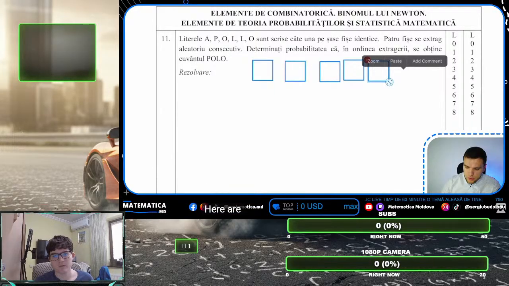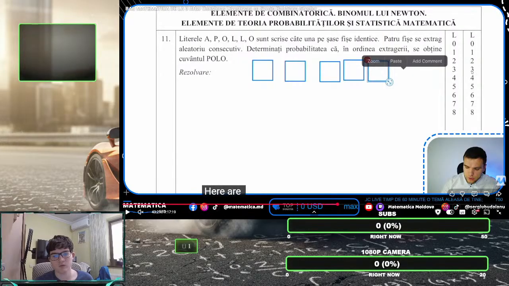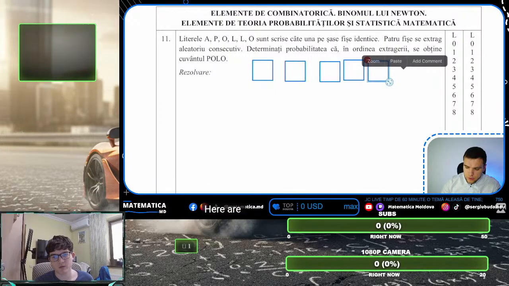We got Apollo, so letters A, P, O, double L, and O, written on 6 paper sheets, and 4 papers are extracted one by one, randomly, and we want the probability that while extracting they obtain the word polo.